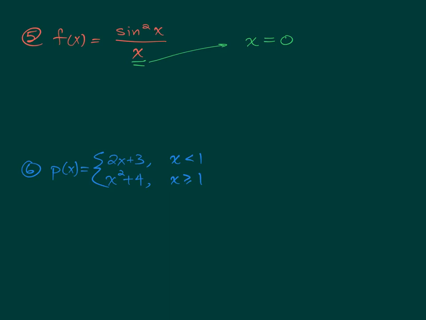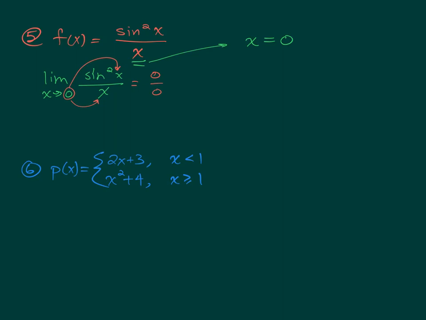So you take the limit as x approaches that discontinuity. The limit as x approaches 0 of sine squared x over x. And if you try substituting this 0 in for x here and here, you'll end up with the indeterminate form 0 over 0.